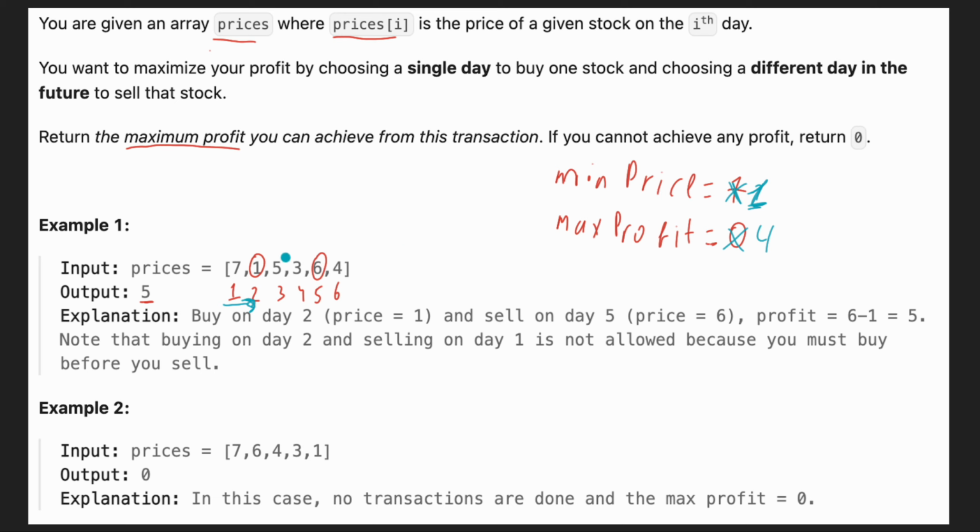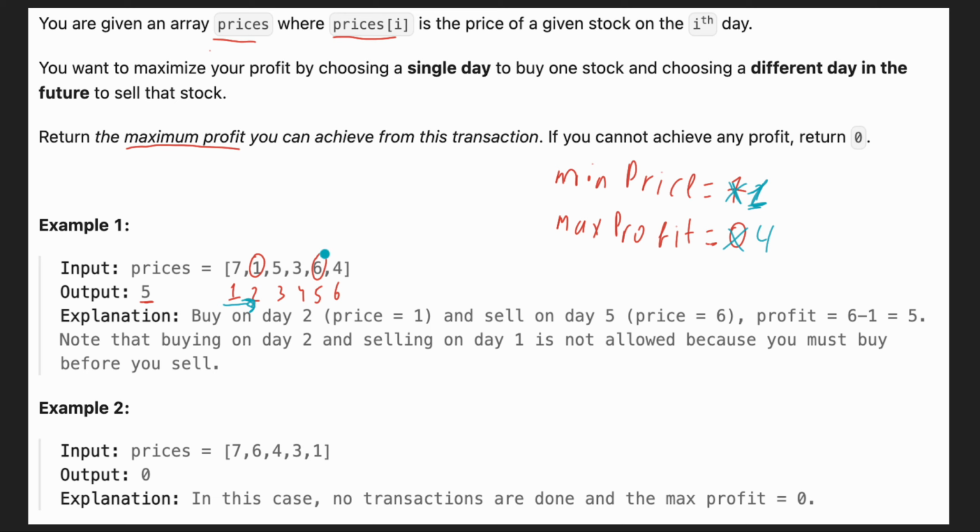Again, we are taking 3 minus 1. We are not selling at day 3, but at day 4. So 3 minus 1 gives us 2, and 2 is less than the maximum profit that we already made.